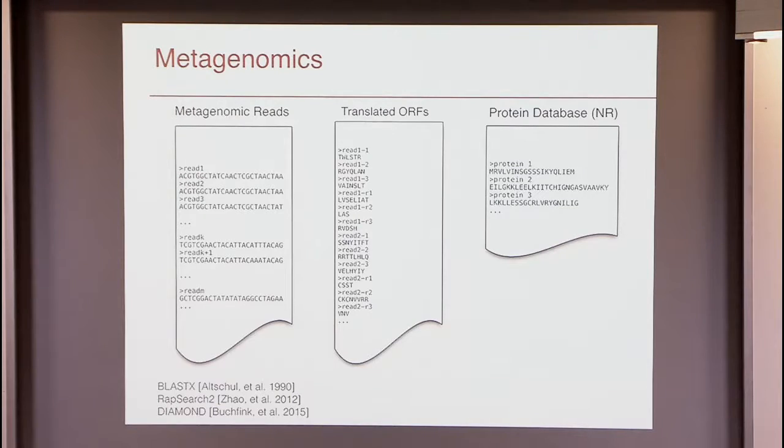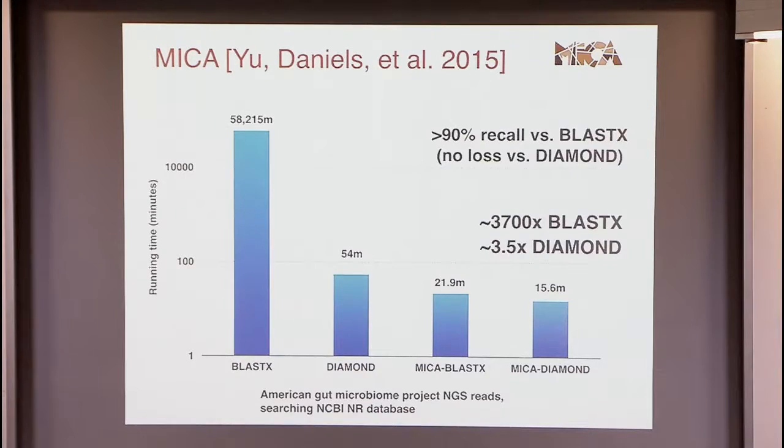There are several tools for this. The standard tool for this was, until very recently, still BLASTX. RapSearch2 and Diamond are much more recent approaches, and we basically applied this same compressive acceleration using Diamond to get pretty significant speed gains for metagenomic mapping with minimal loss of accuracy.